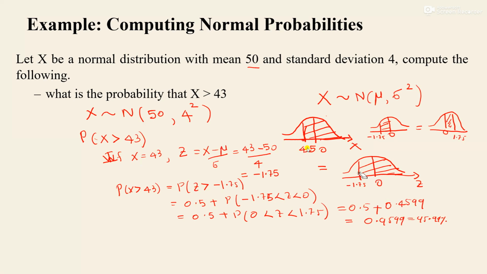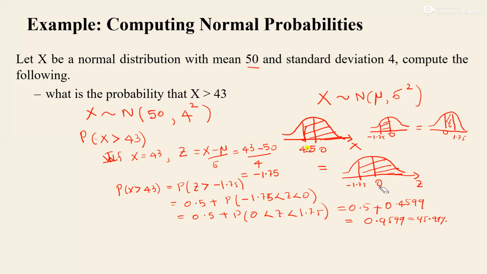So almost within plus or minus 2, almost 95% of the data is covered. So almost 96% of the values are greater than 43.